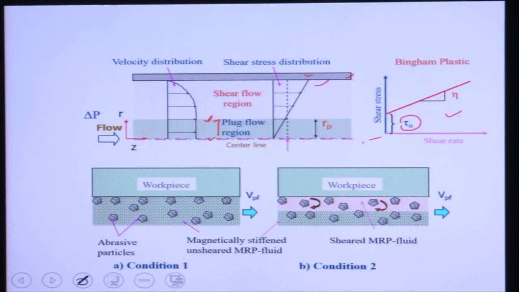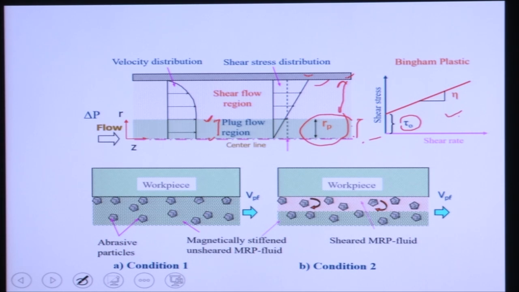Coming back to the earlier picture, the radius of the solid core region is RP. In this zone the applied shear stress is greater than the yield stress, so the fluid flows, but in the solid core region the applied shear stress is less than the yield stress, so the fluid does not flow there.